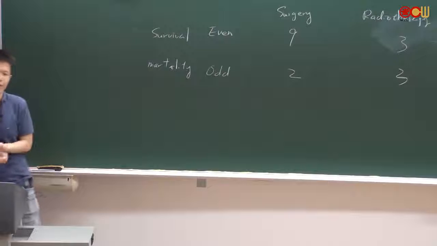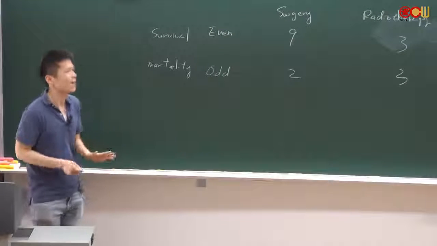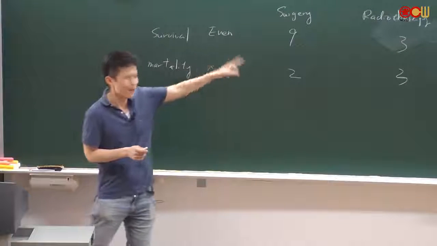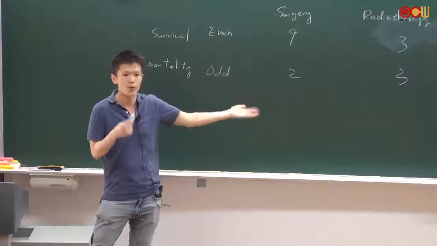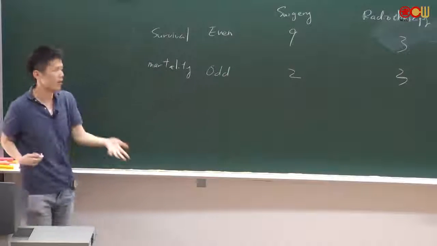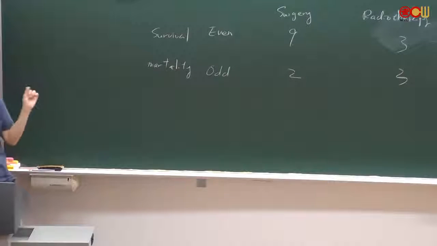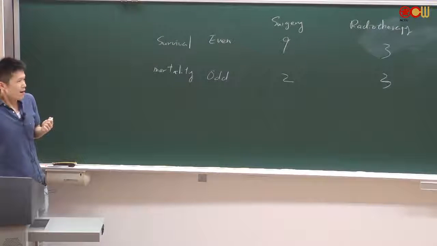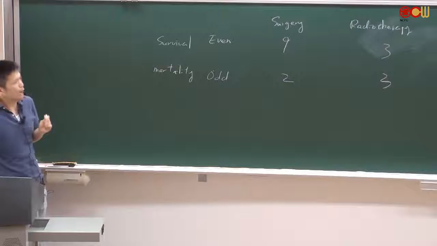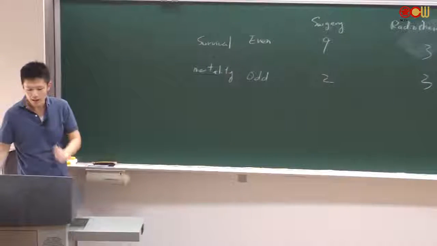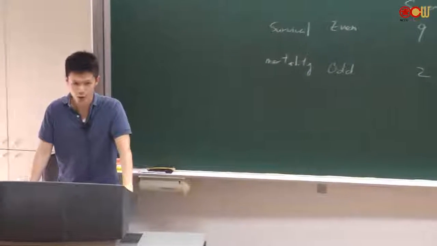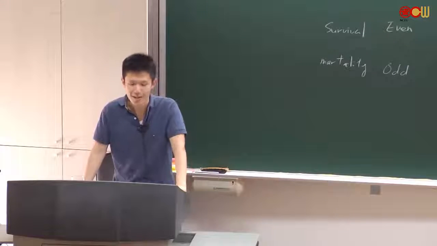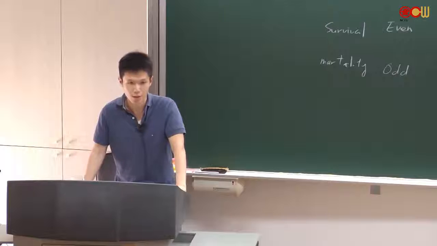If we had more people, I believe people would tend to choose radiotherapy, but unfortunately we just have 5 odd numbers, so the result is not that clear. But as you can see, if you see the information that 10 died after surgery, people will get scared by it, so they tend not to choose surgery.